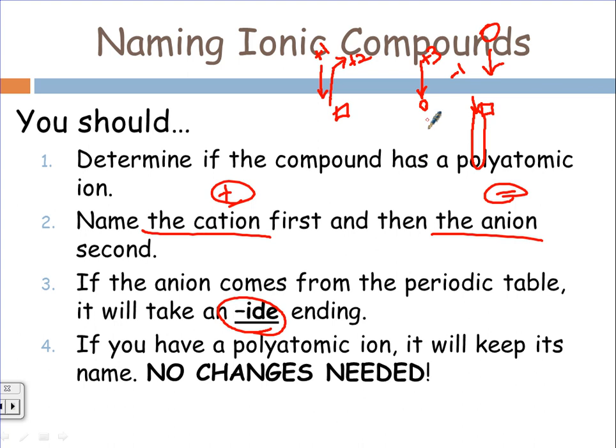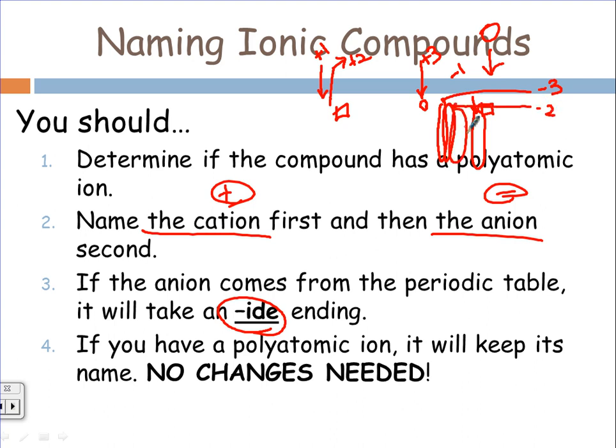Now, carbon's column 14. They're a little finicky. So we're going to say either positive 4 or negative 4. Now, nitrogen, however, group 15, what kind of charge will they have? Negative what? 3. How about oxygen's column? Negative 2.